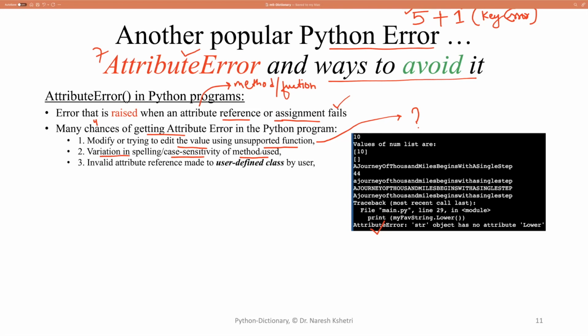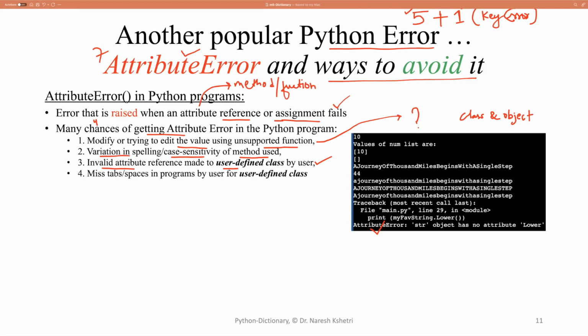The third one, a little complex, is an invalid attribute reference to a user defined class. When you are using the concept of classes and instances, also known as class and objects in the object-oriented programming world, if we use an invalid reference, then we also get an attribute error.